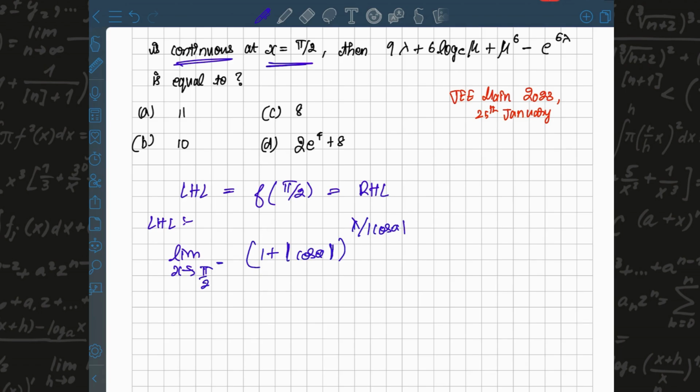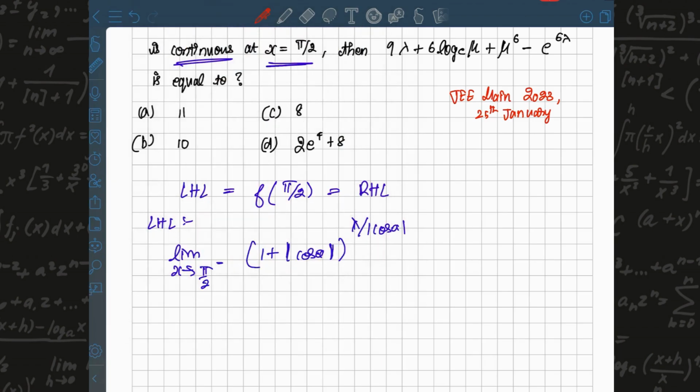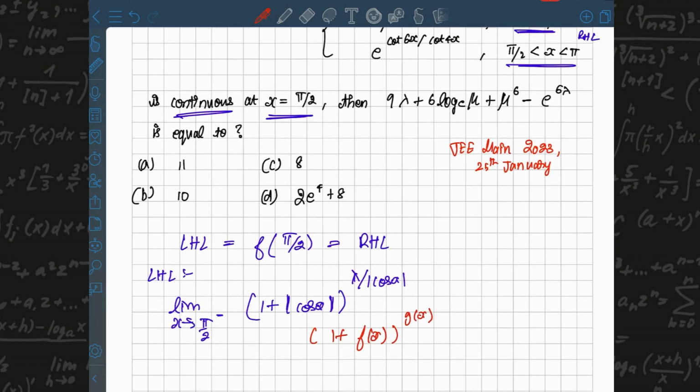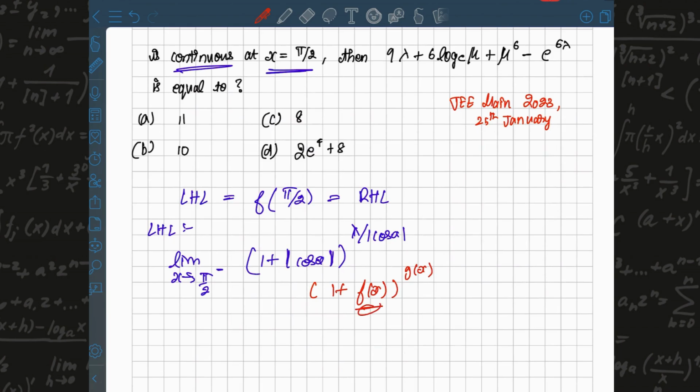I'll write out the formula. Look at this, it is in the form of 1 plus f of x power g of x. Don't confuse this f of x with that f of x, both are different. This is just for notation.